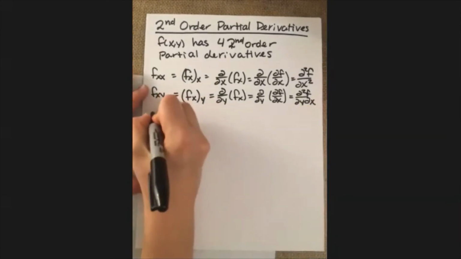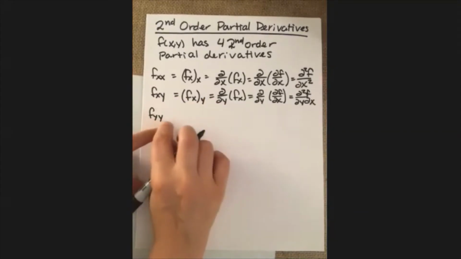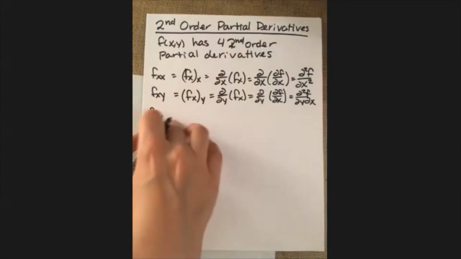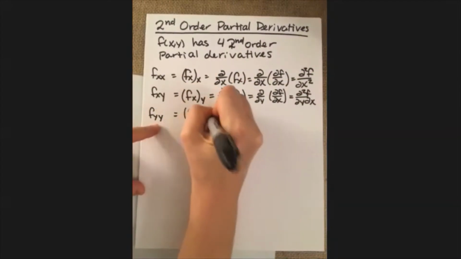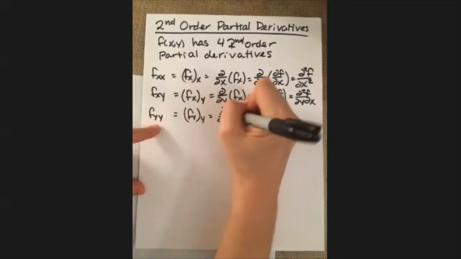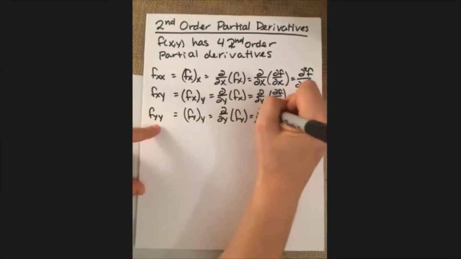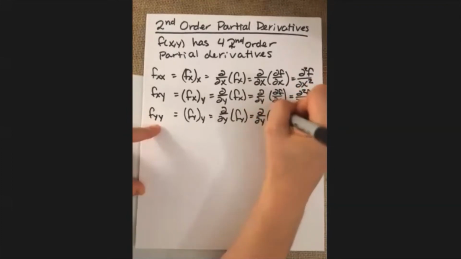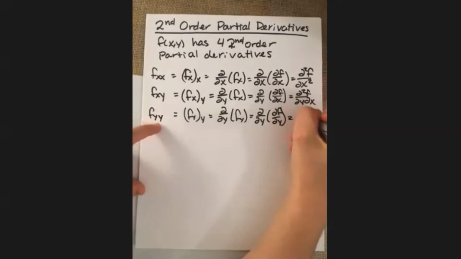All right, so now we have a couple where we can start with y. So f of y, or the derivative of f with respect to y, and then take that with respect to y. So like so, partial with respect to y of fy, similar notation to what we had up here.